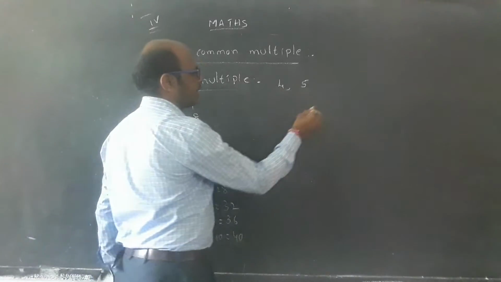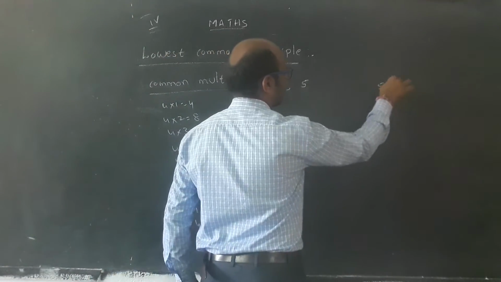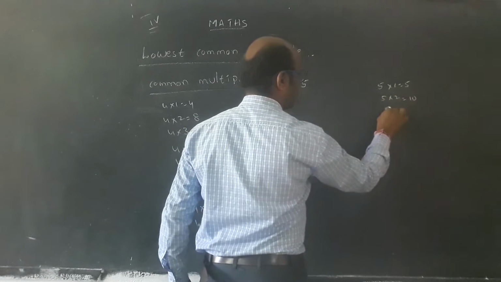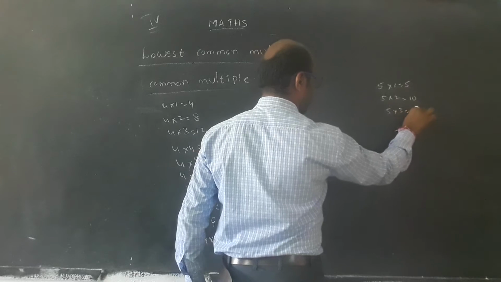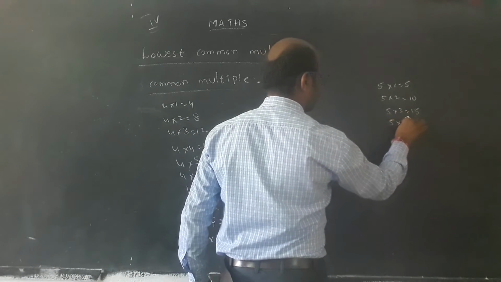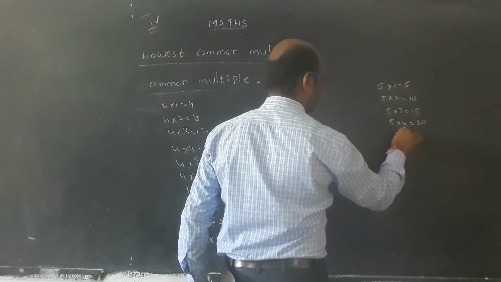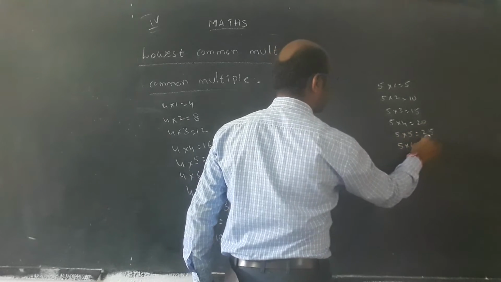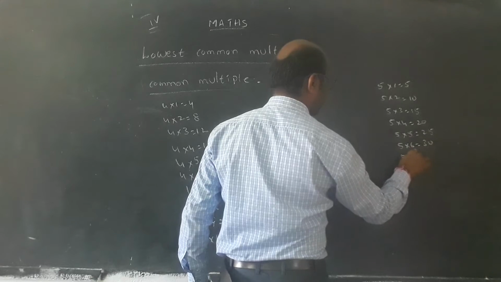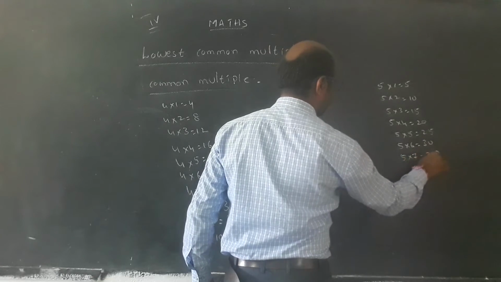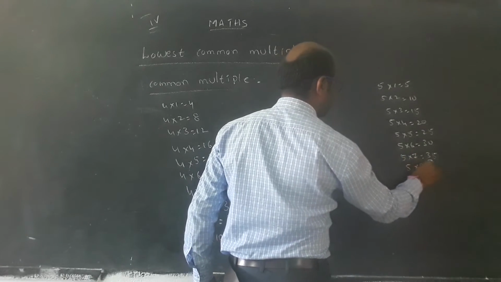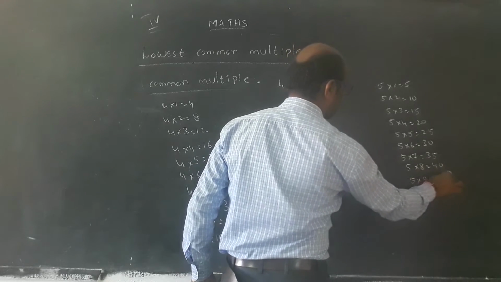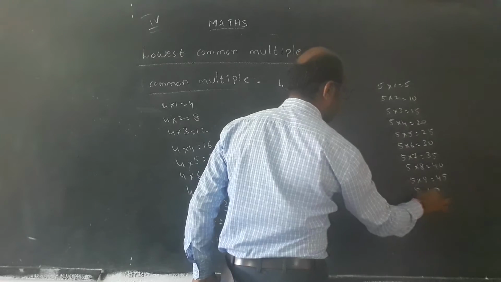Now the multiples of 5. 5 into 1 is 5, 5 into 2 is 10, 5 into 3 is 15, 5 into 4 is 20, 5 into 5 is 25, 5 into 6 is 30, 5 into 7 is 35, 5 into 8 is 40, 5 into 9 is 45, 5 into 10 is 50.